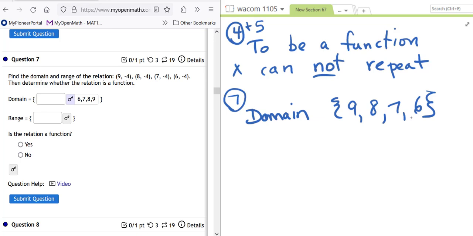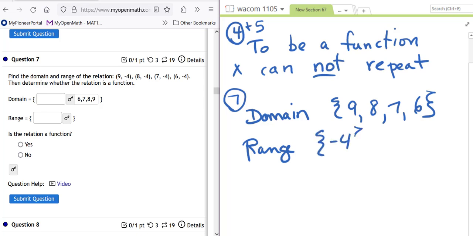They would not count what I have wrong. Your range is going to be your Y coordinates. The Y is the same all the way across. You only need to write it one time. It will be -4. We don't care if the Y repeats. This one is a function because X does not repeat.